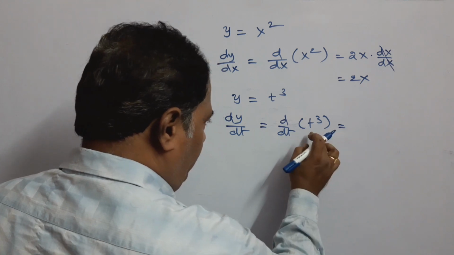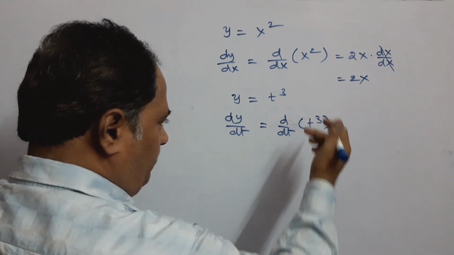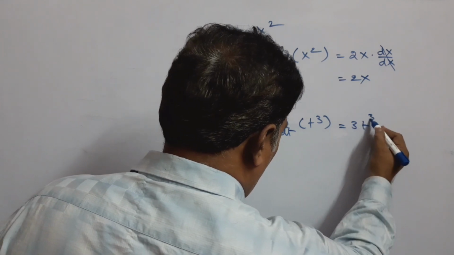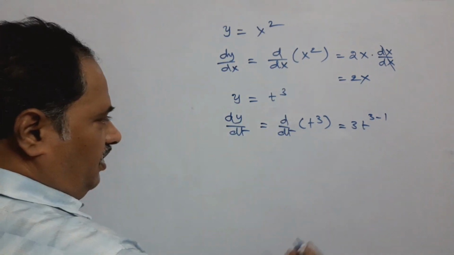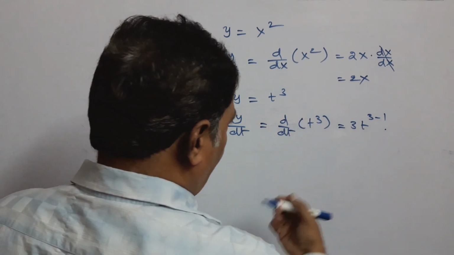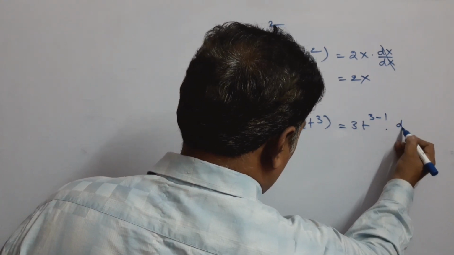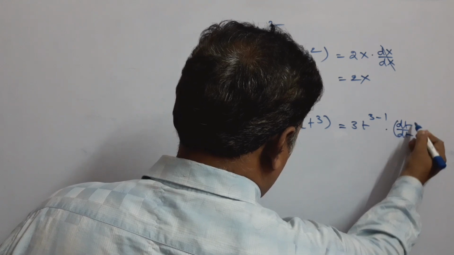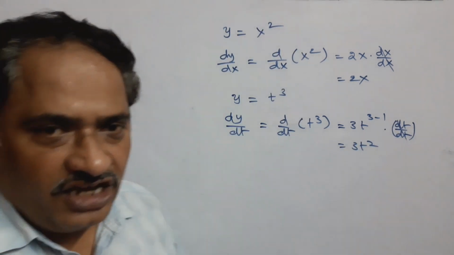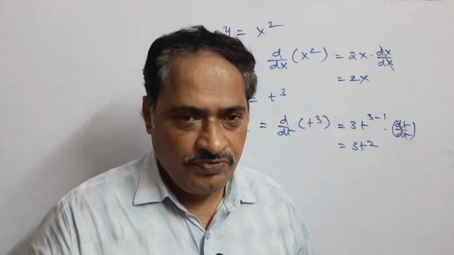This is in the form of x power n, that is t power n, so 3 into t power 3 minus 1. Here also you are differentiating t with respect to t, so that is dt by dt. The value gets cancelled and you get 3t square. Here there is no issue for any of you.